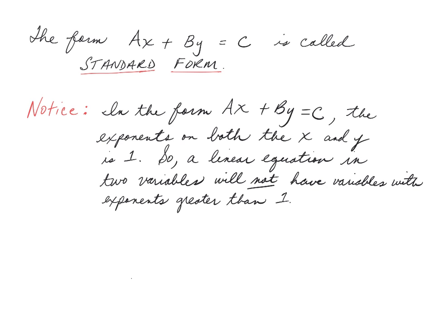It means that when you graph it, it will be a line. It won't be a circle. It will not be a parabola or something else like that. It will be a line. It's very important: if you see in an equation a variable raised to a power other than 1, it is not a linear equation. Okay?